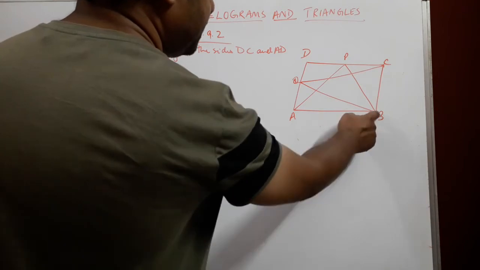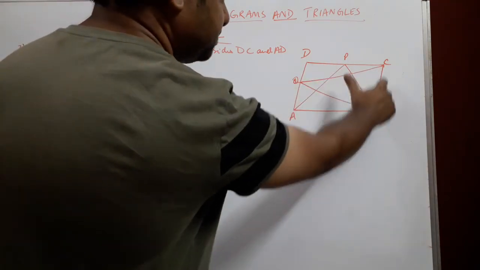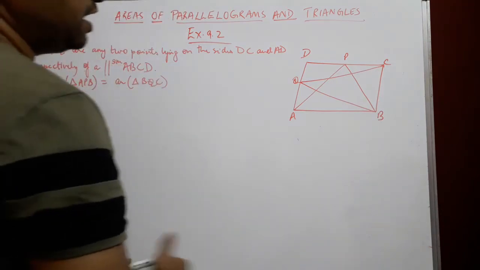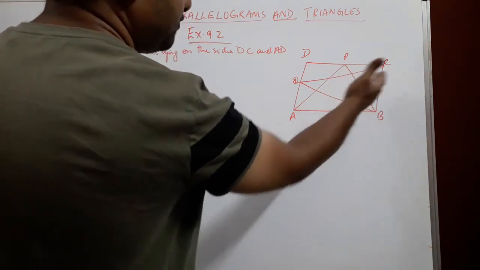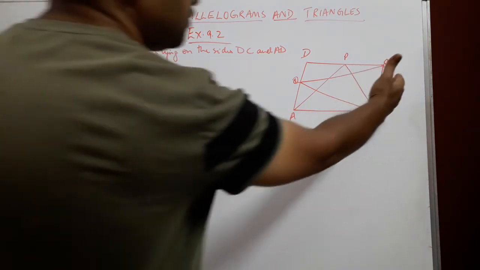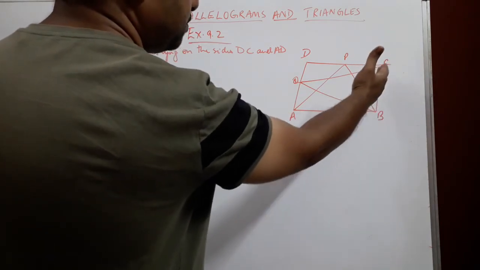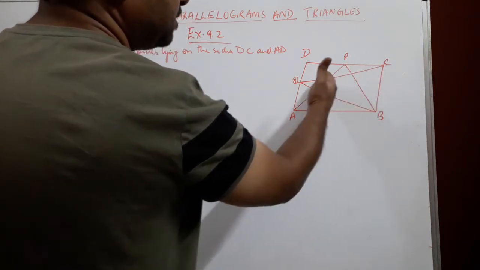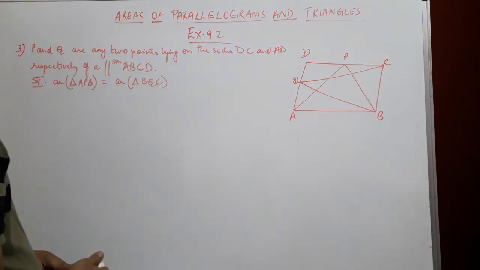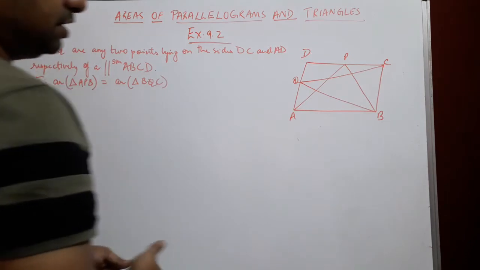Secondly, if we take BQC, the base of triangle BQC is BC, and BC being the base of the triangle, it also becomes the base of this parallelogram ABCD.